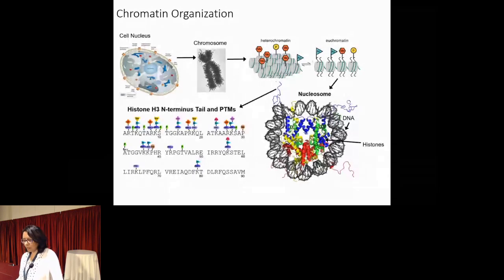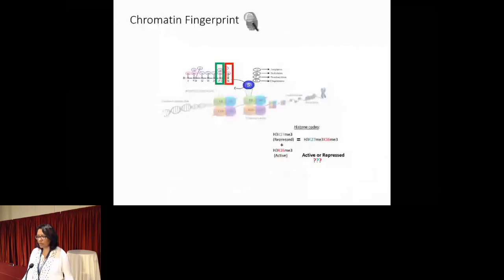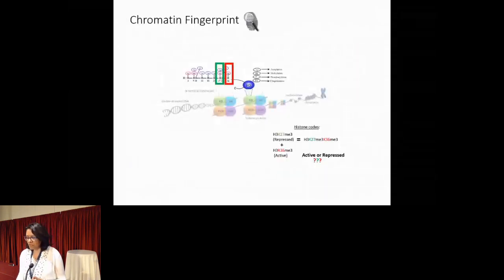And why is that important? Because whenever we have these different marks at the histone tails, it confers a unique chromatin fingerprint. For example, H3K27 trimethylation is a repressive mark that has shown a lot of impact in many diseases, including cancer.